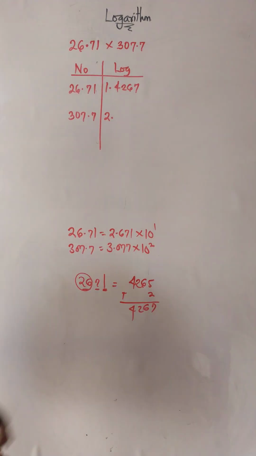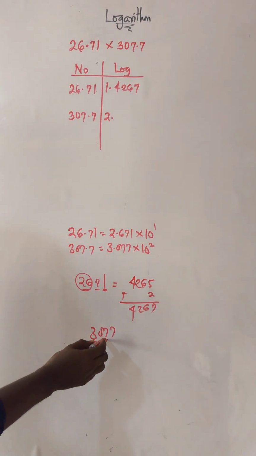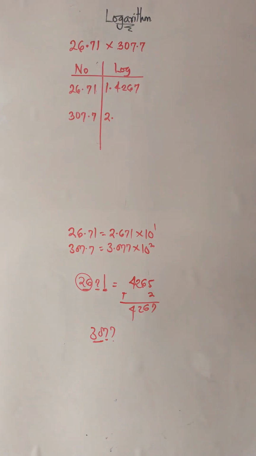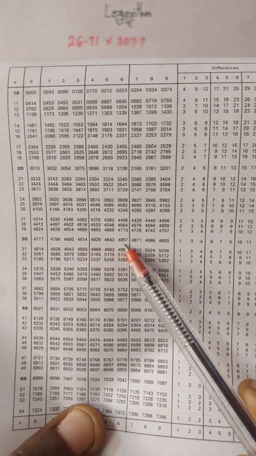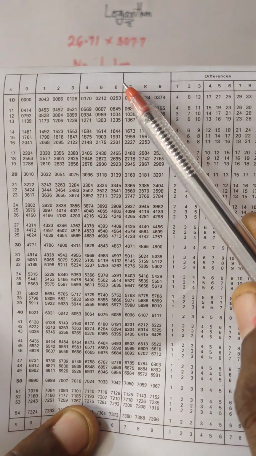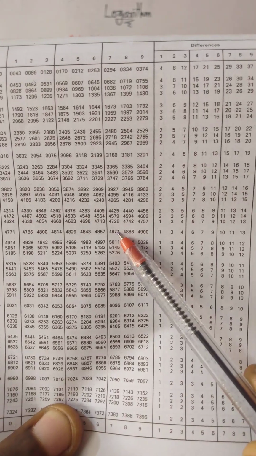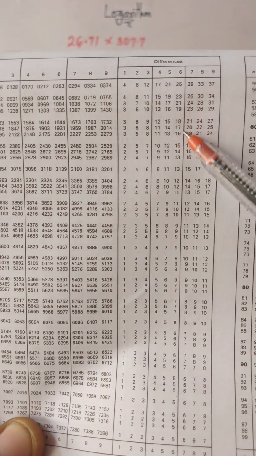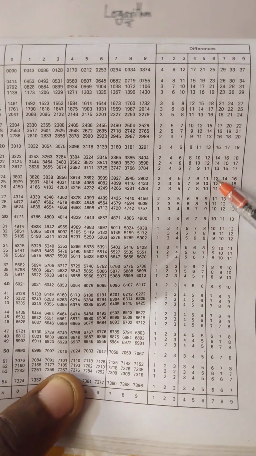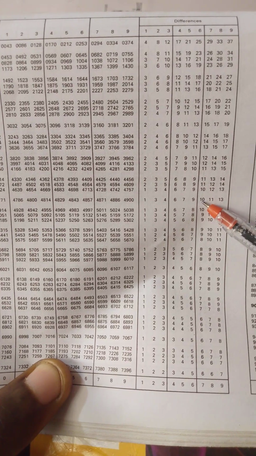Now let's go for the second number, 3077. We check 30 under 7, difference 7. So this is 30 under 7, which is 4871. Then difference 7 comes down to 30, and that's 10.